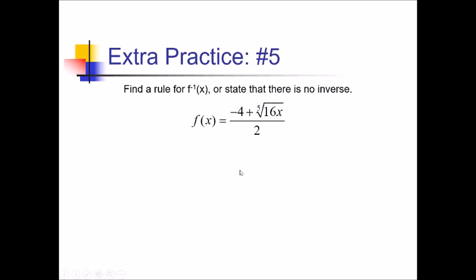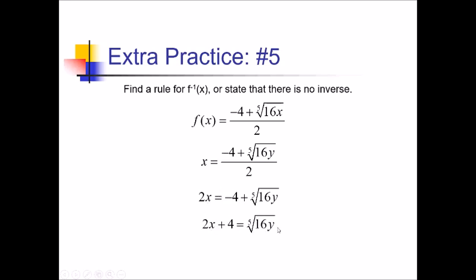On this problem, we're trying to find the inverse of the f function here. So to do that, let me start by switching x and y. I'll write this as x equals negative 4 plus the 5th root of 16y all over 2. And now I have to solve for y. First step, let me get rid of this fraction by multiplying both sides by 2. And then let me add the 4 over to the left side, so I can isolate this 5th root.